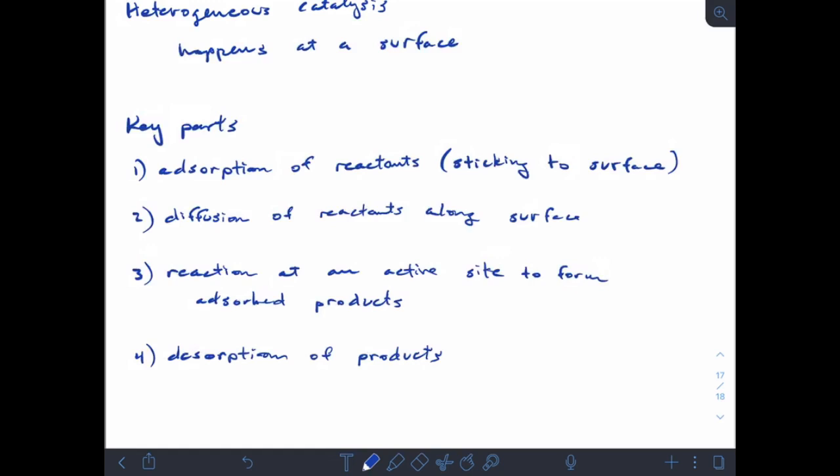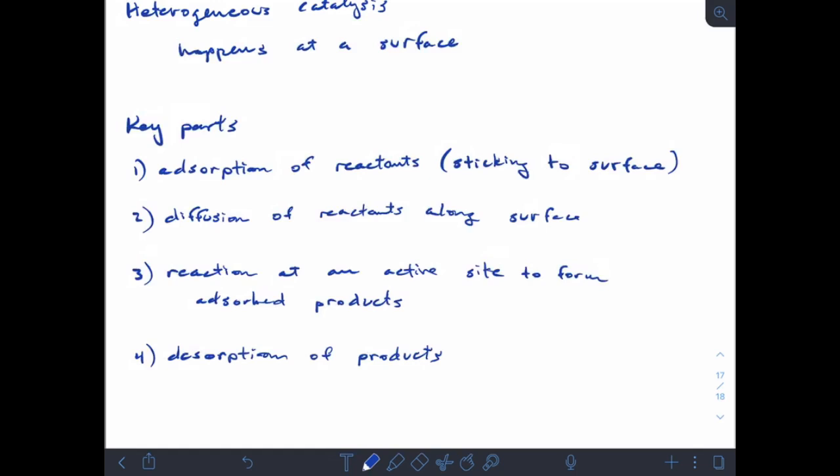So the way heterogeneous catalysis works, the way that it goes about lowering activation energy, is imagine back when we were talking about collision theory, and the idea that in order for a reaction to happen, the reactants have to come together in the right orientation with the right energy.